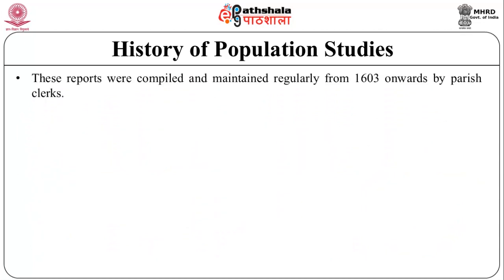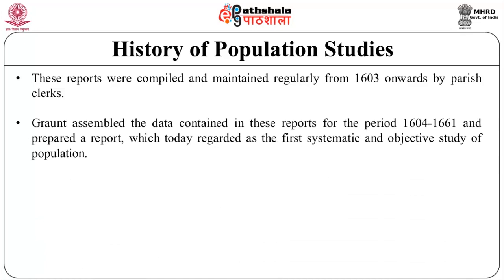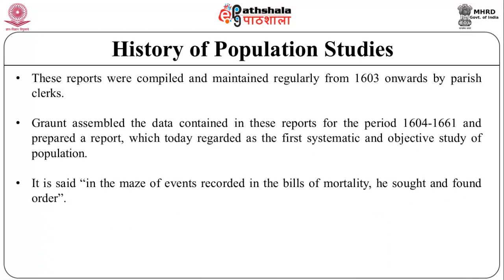These reports were compiled and maintained regularly from 1603 onwards by parish clerks. Graunt assembled the data contained in these reports for the period 1604 to 1661 and prepared a report which today is regarded as the first systematic and objective study of population. It is said that in the maze of events recorded in the bills of mortality, he sought and found order.